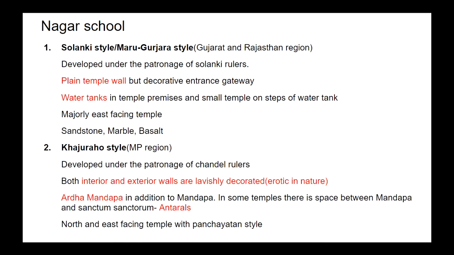In Solanki school, we found water tank. In Khajuraho and Odisha, we don't. There is no water tank. And regarding boundary wall, in Odisha style temple architecture, there is boundary wall, but in Solanki and Khajuraho style, there is no boundary wall, as mentioned in Nagar style temple architecture.